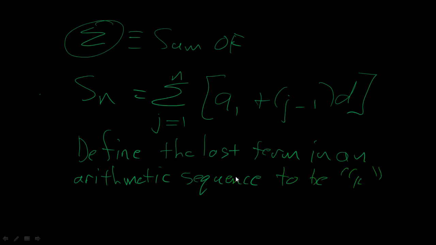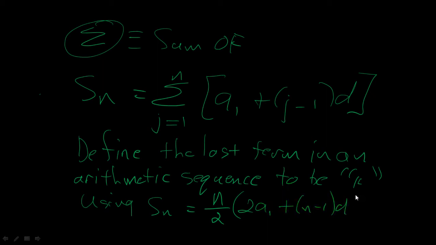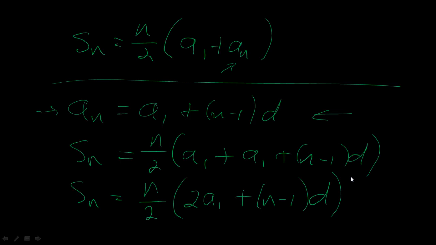Using Sn is equal to n over 2 times (2a1 plus (n minus 1) d), we derived this formula on the previous page. Right, this is the last formula on this page.